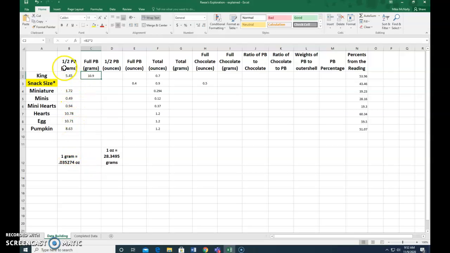So here's the thing. Grams are really little. Ounces are really big. Well, they're much bigger than grams. And so you're going to have fewer ounces. So what should we do? We should go for this. If we multiply by that, we're going to get something smaller. An ounce is a lot bigger thing. You're not going to have as many of them.